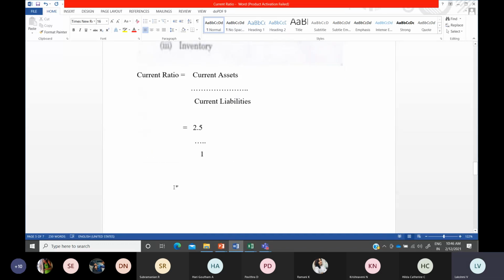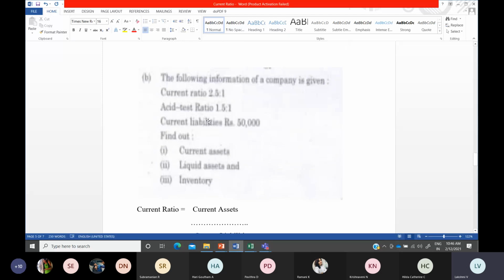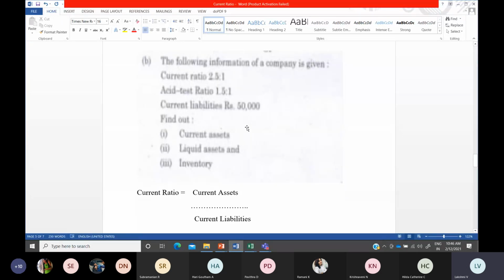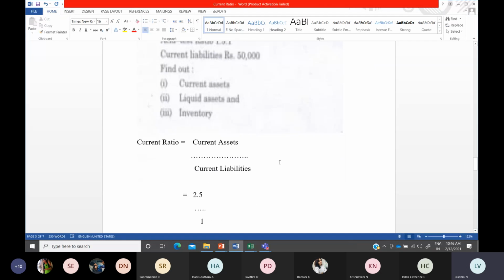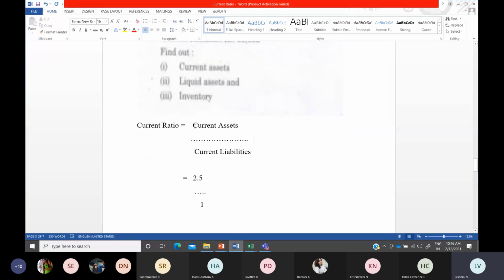Now let me explain. Here they have given one information: current liabilities is 50,000. So we know the current liabilities amount is 50,000. Only current assets we don't know, and that is what we have to find out for the first subdivision.